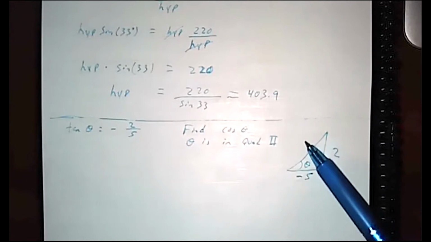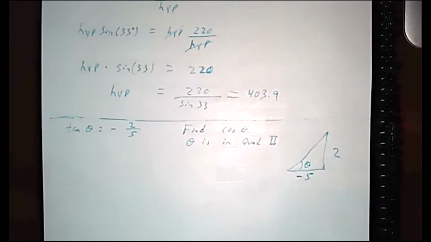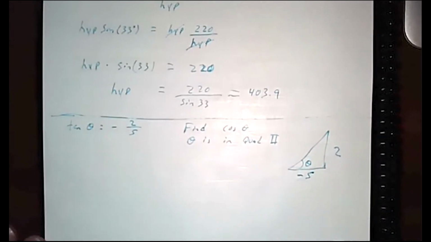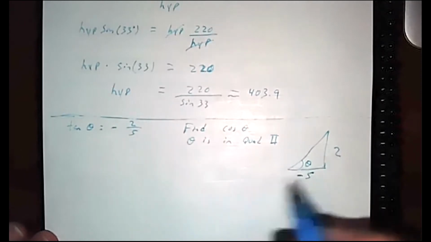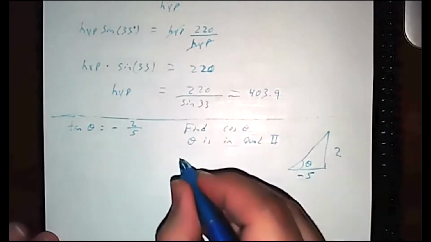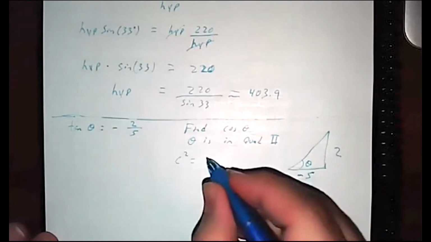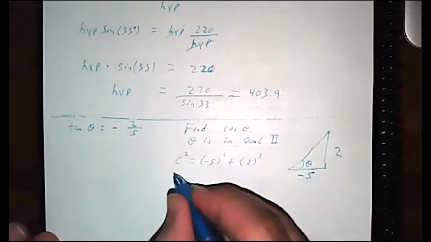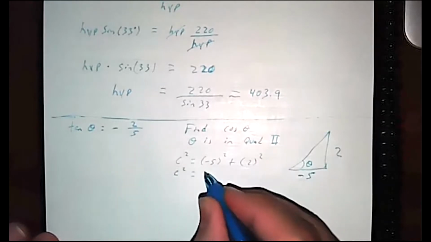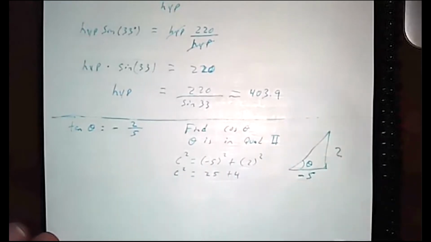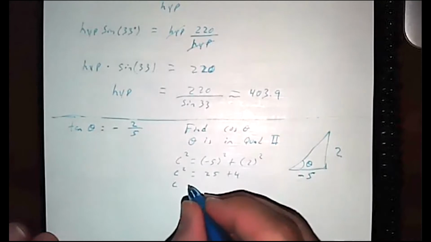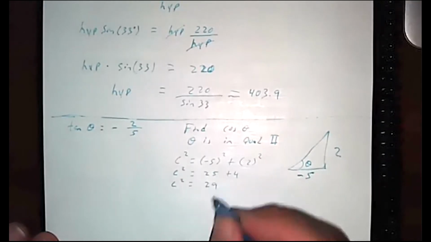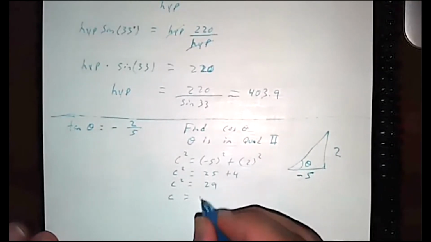Now we need to solve the hypotenuse. Same deal. C squared is equal to negative 5 squared plus 2 squared, so C squared is equal to 25 plus 4, so C squared is 29. C is square root 29.